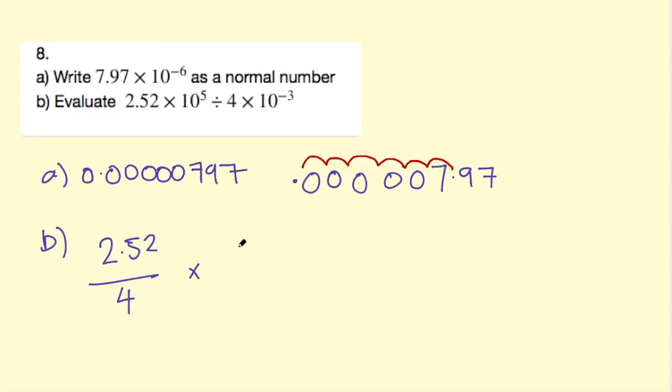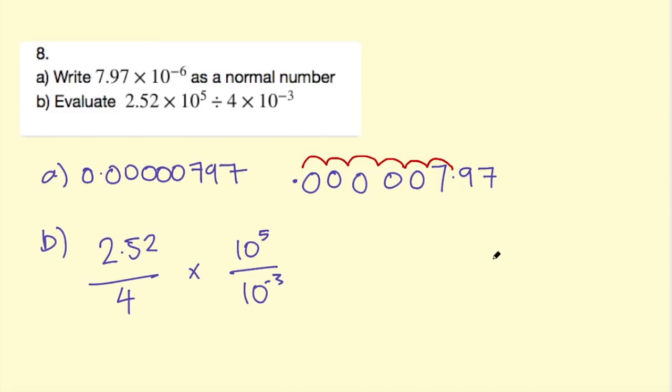All this does is rearrange the problem in a way to make it easier to solve. So here I can solve 2.52 divided by 4, and 10 to the power of 5 divided by 10 to the minus 3. This is exactly the same thing, just written slightly differently.